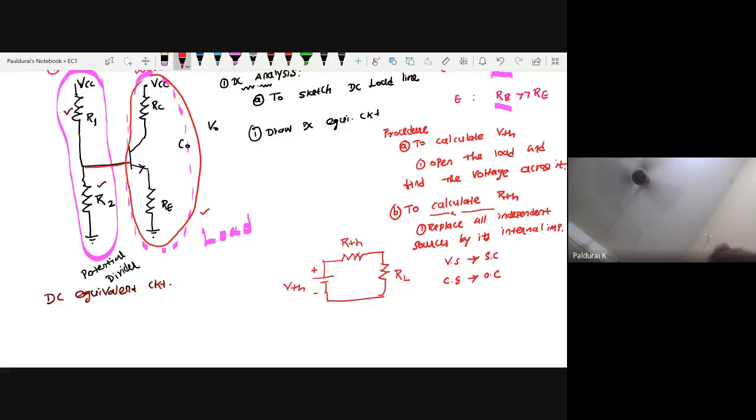Here you have only a voltage source, so you replace the voltage source by a short circuit. And there is no current source, so don't worry.